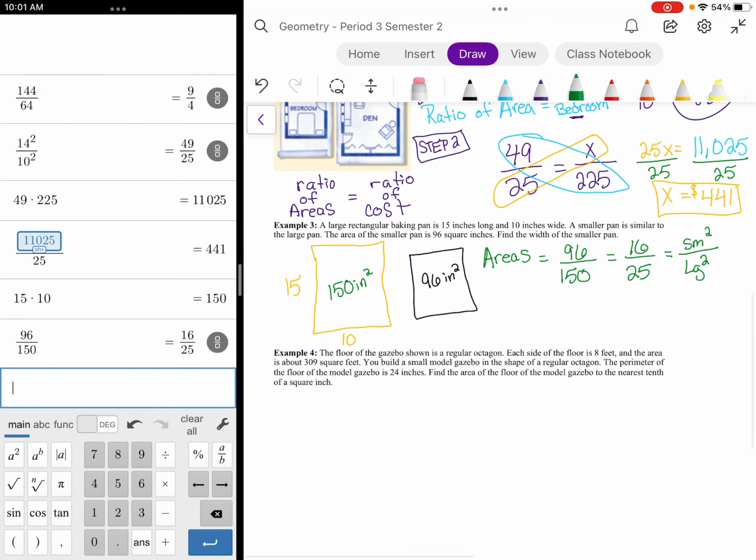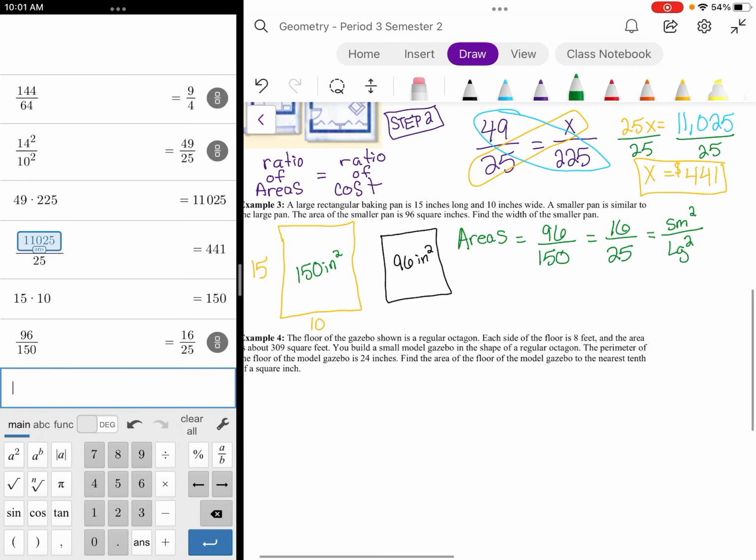So to figure out the ratio of the sides, we are just going to take the square root of the area ratio. So let's write that down, square root of area ratio. And we know the area ratio is 16 over 25.